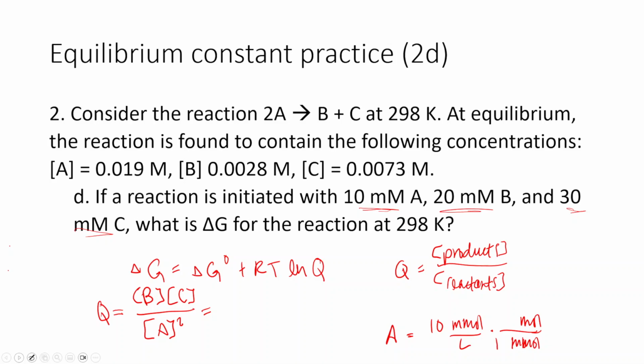We know that there are 10 to the third, 1,000 millimoles in 1 mole. Now our millimoles will cancel out, and we're going to get an answer in moles per liter. It's 10 divided by 1,000. Dividing by 1,000, we move the decimal 3 places to the left, so we get 0.01 molar, which is moles per liter. Does that make sense to everyone?